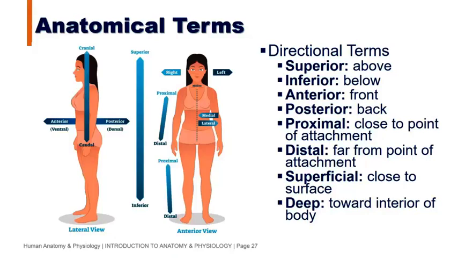Then you have proximal, which is close to the point of attachment, and distal, which means it is far from the point of attachment. Then you also have superficial, which means close to the surface, and deep, which is towards the interior of your body. Don't be confused by these terms. I will be giving you examples and a summary later.